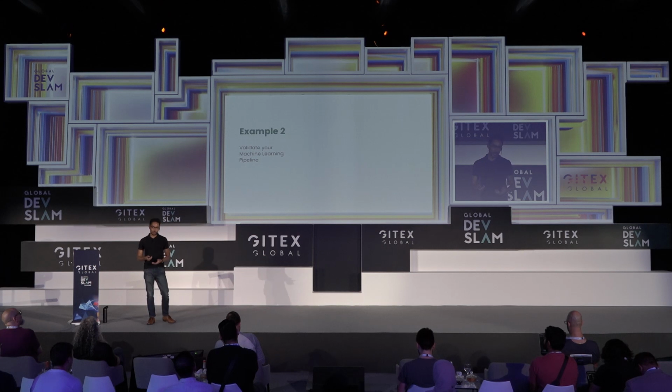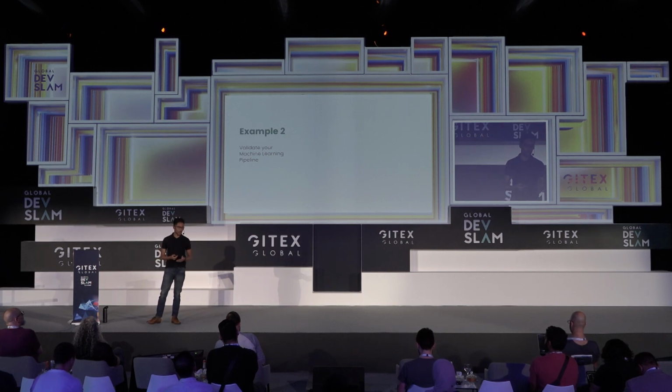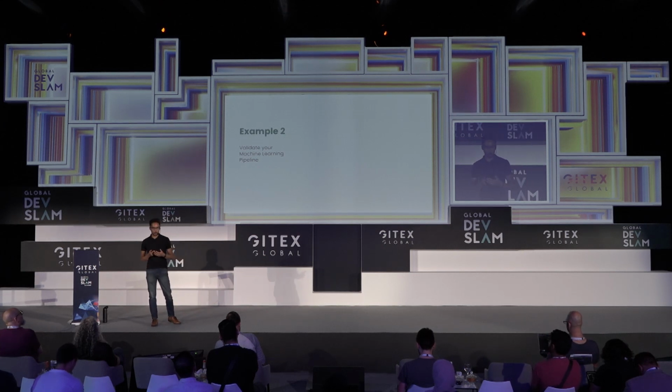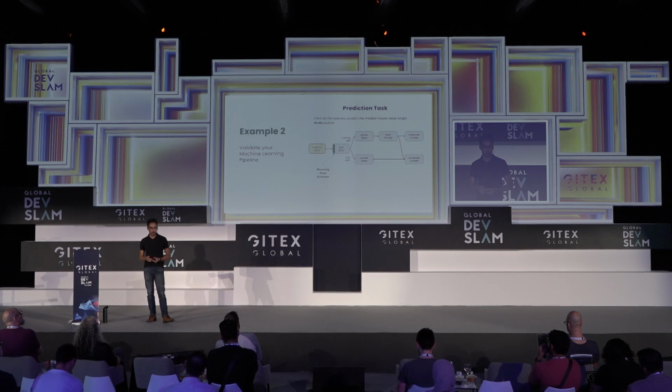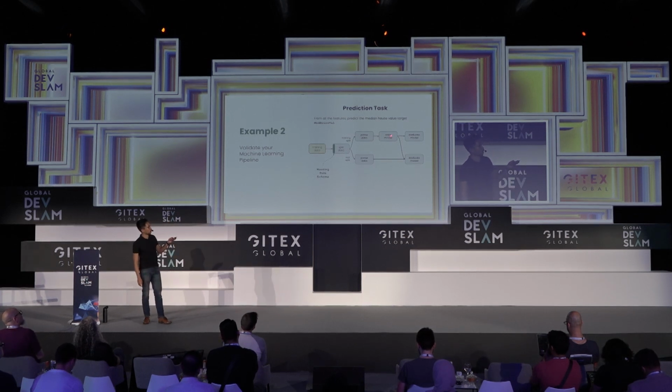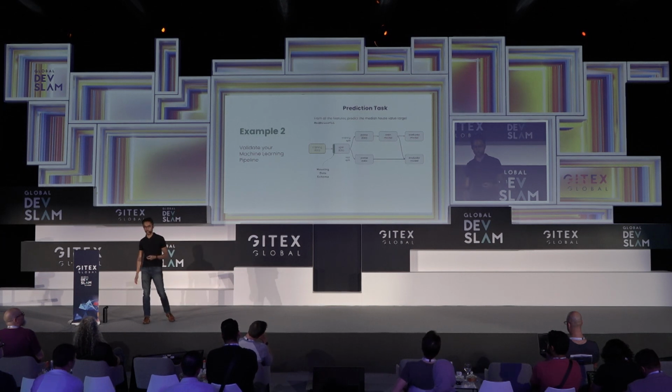So that was an example of hypothesis testing for the purpose of data analysis. Here's a quick example of a machine learning pipeline. If you've ever trained these kinds of models, you split your data into a training and test set, you train the model on your training set, and then you evaluate your model on both training and test splits.